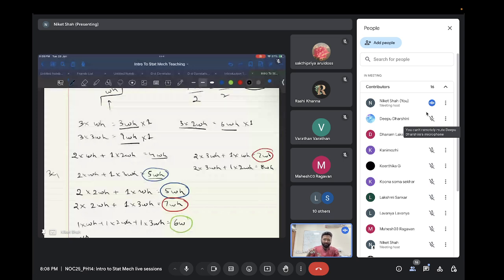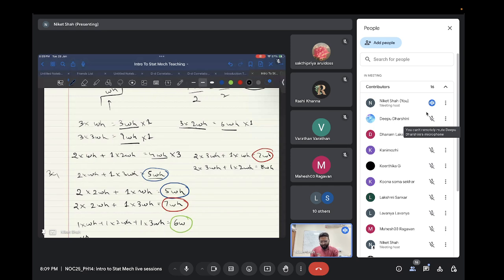Person number one will be on staircase two, and two other people will be in staircase one. Person number two will be in staircase two, two other people in staircase one. Person number three is in staircase two, two other people in staircase one. All these three possibilities will give me 4 WH energy. So that's why 4 WH into 3.